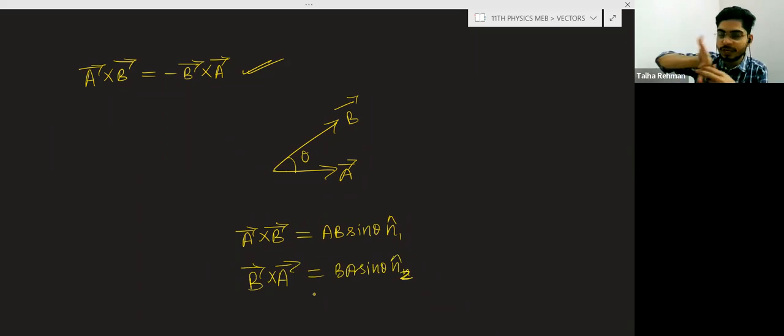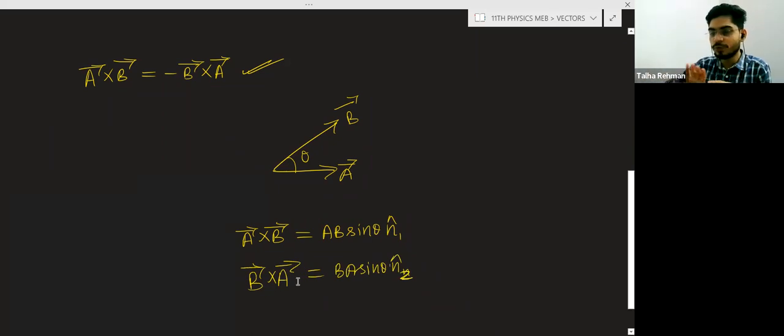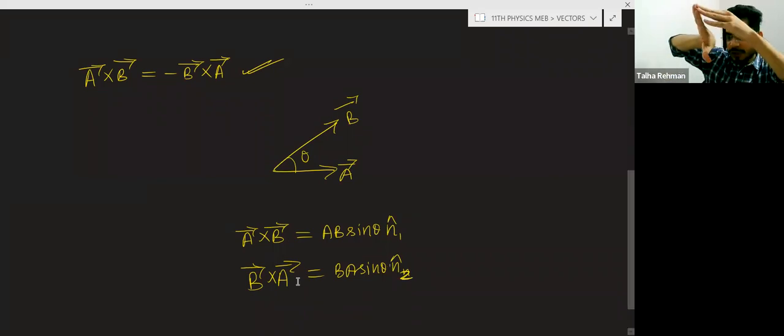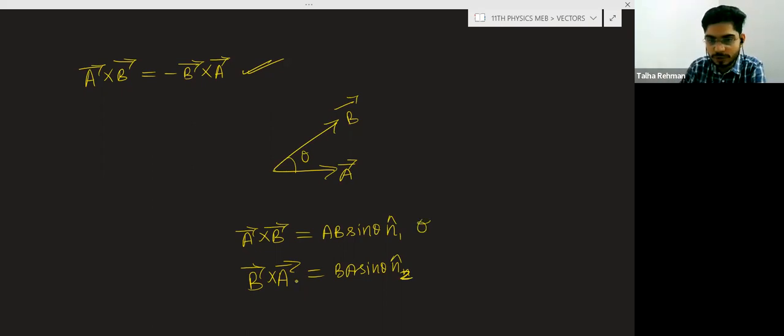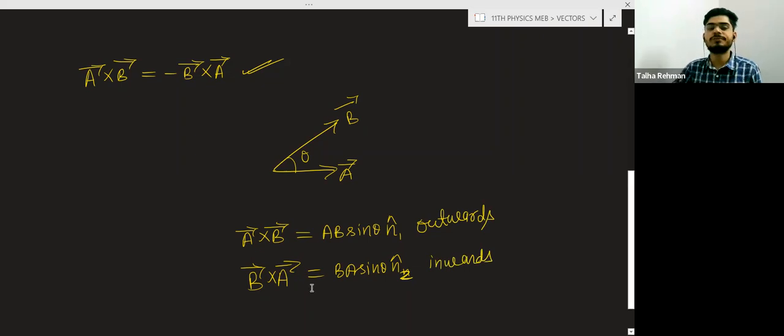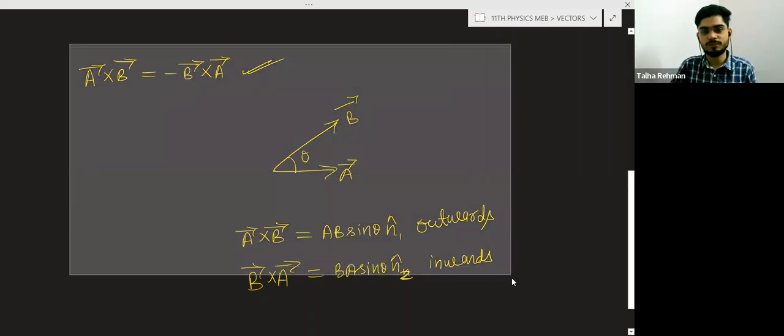Now your fingers will be along B, first is B and then is A, and you curl your fingers towards the A vector. So your direction will be away from you, inward. Here what direction are you getting? Outward. And here? Inward. So that is why A cross B is equal to minus of B cross A.